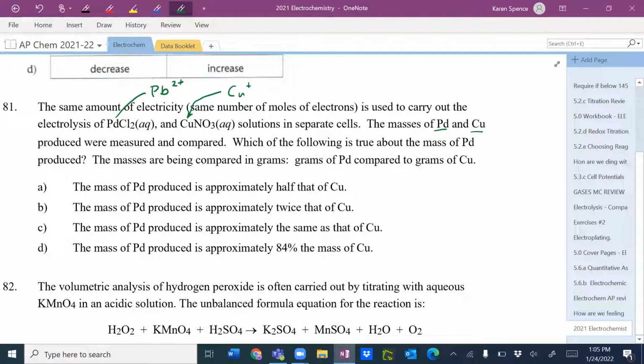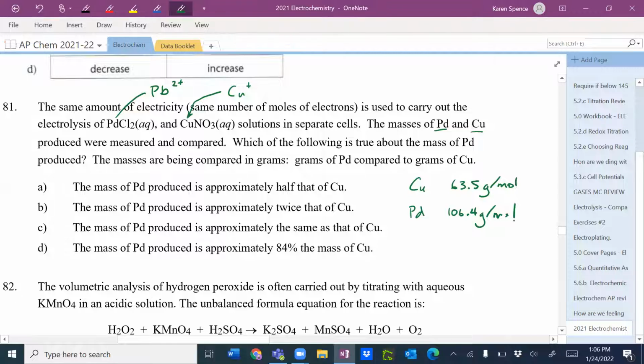So I'm going to grab my molar masses while I'm here. Copper has a molar mass of 63.5 grams per mole. Palladium has a molar mass of 106.4 grams per mole.